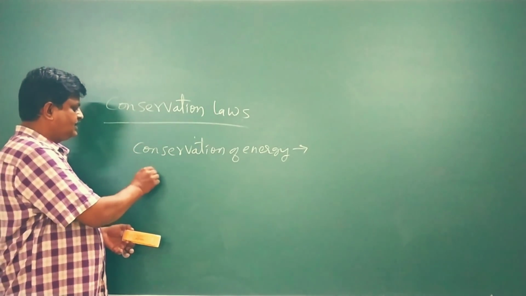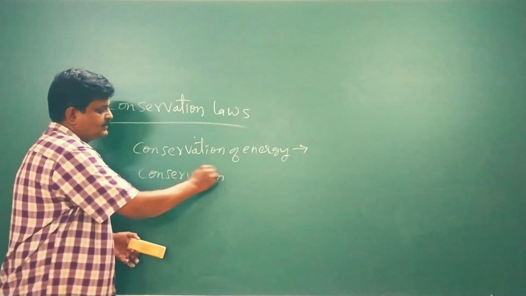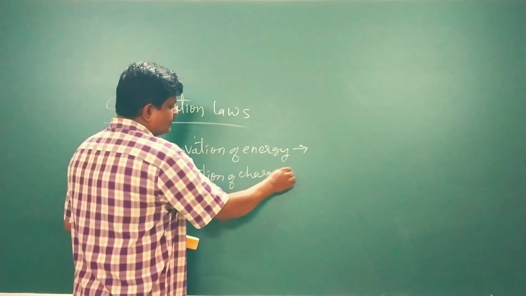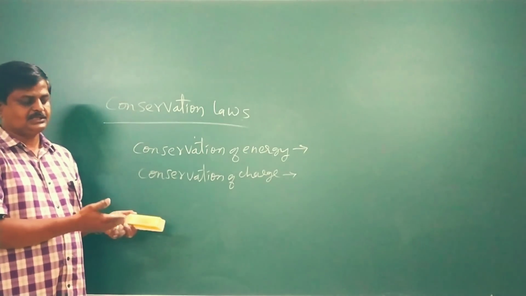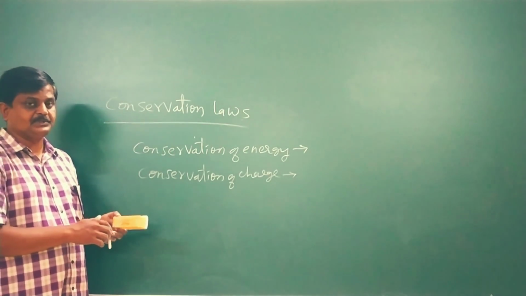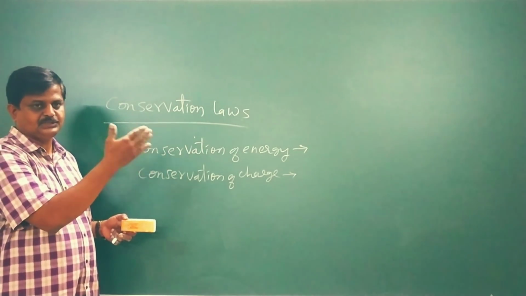Second one is conservation of charge. So what is the conservation of charge? Once again the same thing. Charges can neither be created nor be destroyed. But what is possible? Electrons can be transferred from one body to another.